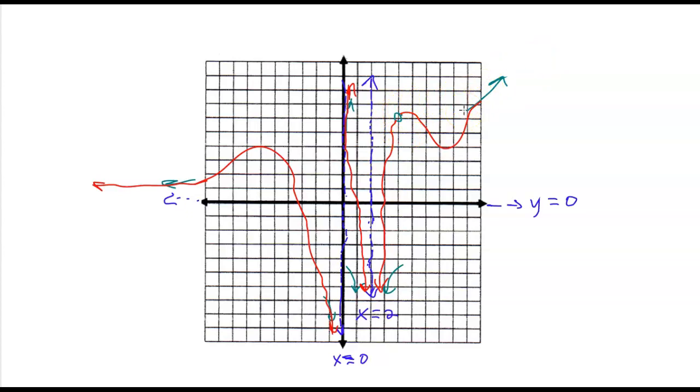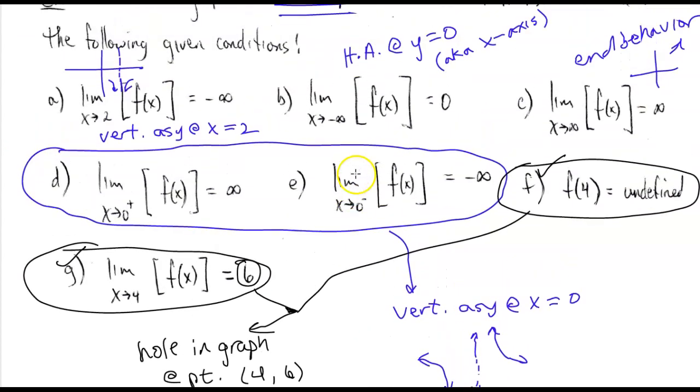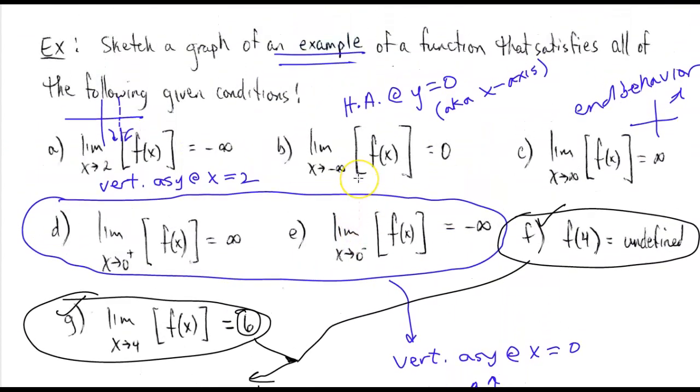So the point I'm trying to make here is that this is just one of many examples of what I could come up with as far as the graph of a function that would satisfy all the conditions that I have talked about up here, okay? The only thing that matters whenever you do problems like this is that, number one, the graph that you have represents a function, which means that it passes the vertical line test.